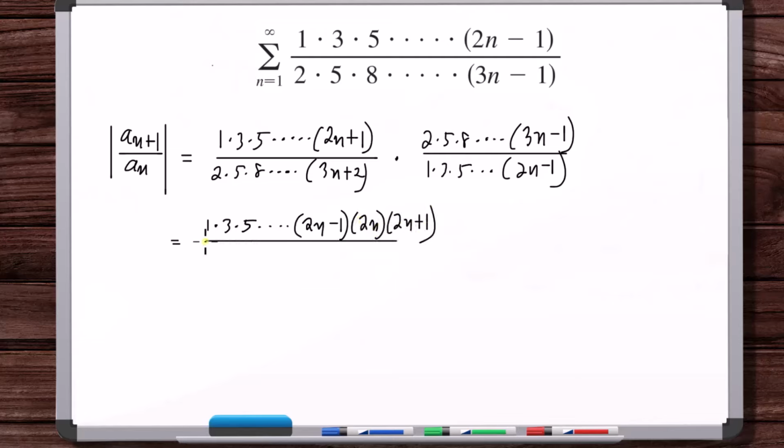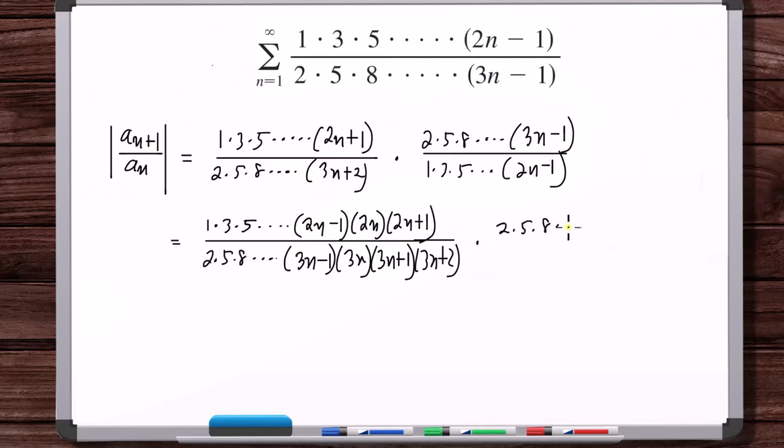That's the exact same thing. And we've got 2 times 5 times 8, and then 3n minus 1, 3n, 3n plus 1, 3n plus 2. These two are the exact same. Times 2 times 5 times 8. Yeah, that's right.